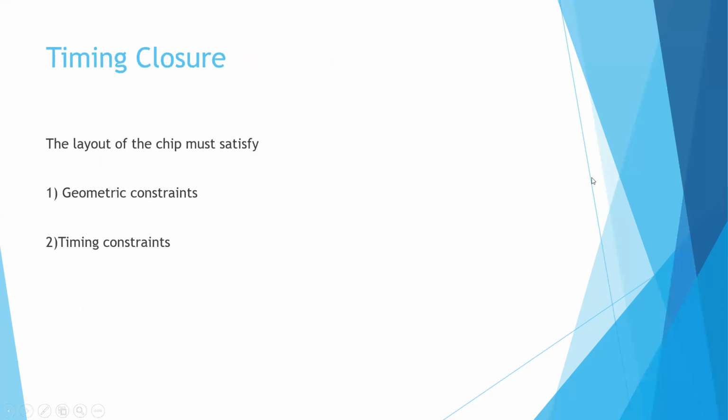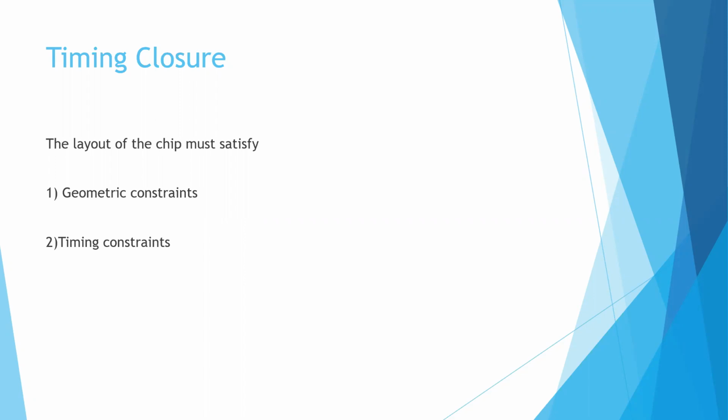Timing closure is nothing but the layout of the chip must satisfy two constraints. One is geometric constraints and the second one is timing constraints. Constraints are nothing but the instructions which the designer gives to the system at different stages.